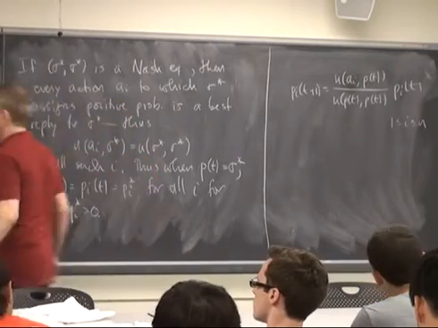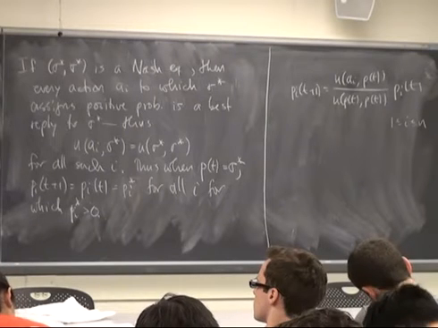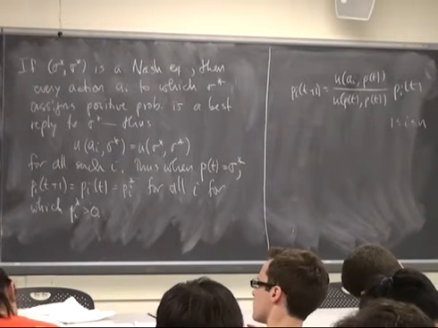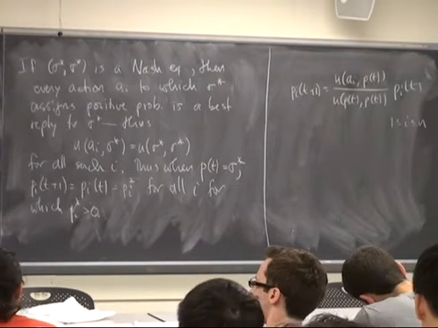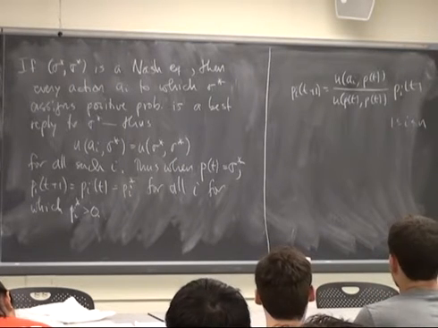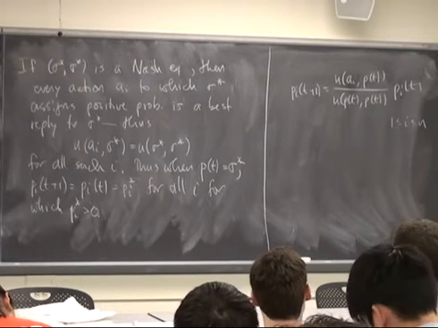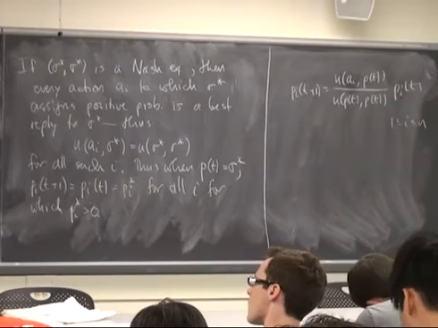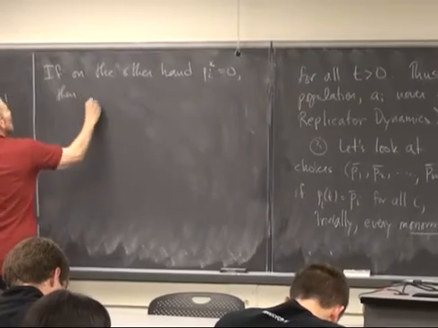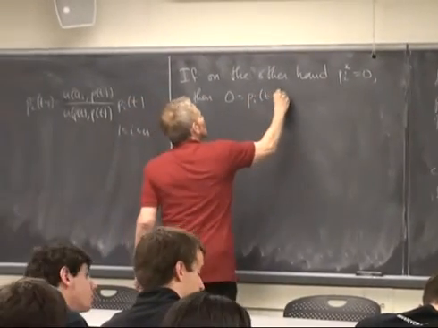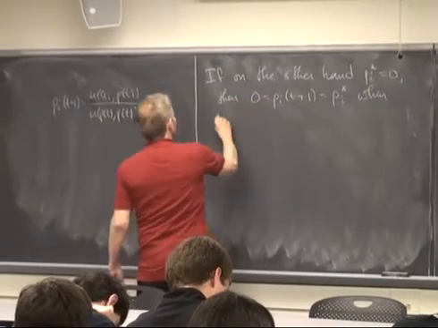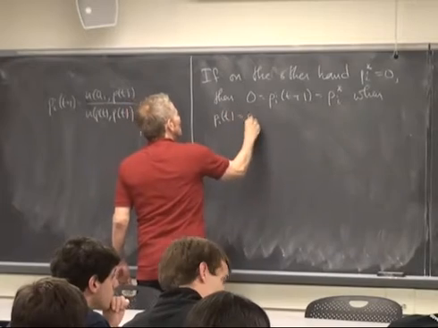So on the other hand, if it's an action to which sigma star assigns 0 probability, then Pi star is 0, and Pi of t plus 1 is equal to Pi star if Pi of t is. So if, on the other hand, Pi star equals 0, then 0 equals Pi of t plus 1 equals Pi star when Pi of t equals Pi star.